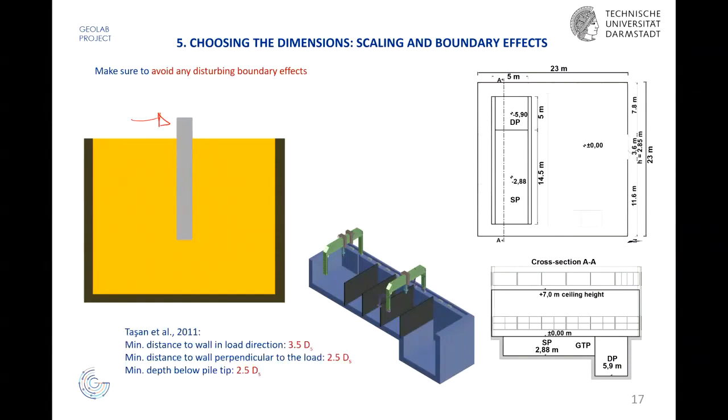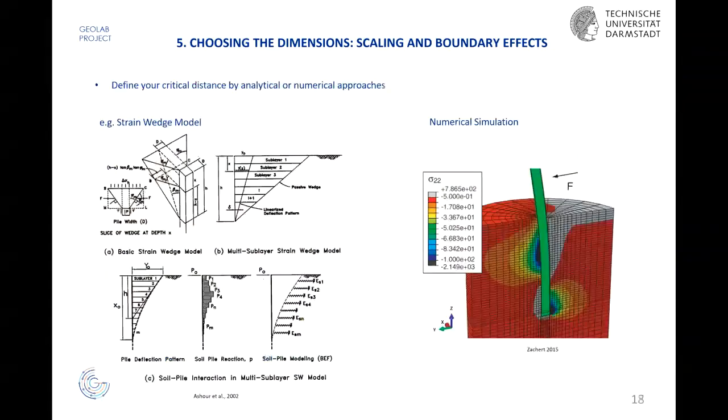That's good. Here are some recommendations from a publication which say you need to have at least 3.5 diameters of your pile as distance to the boundaries, but I do not fully recommend these. So I go quickly to the next one and say, like you said, look at the passive wedge, for example, the passive earth resistance, or you better do a numerical analysis.